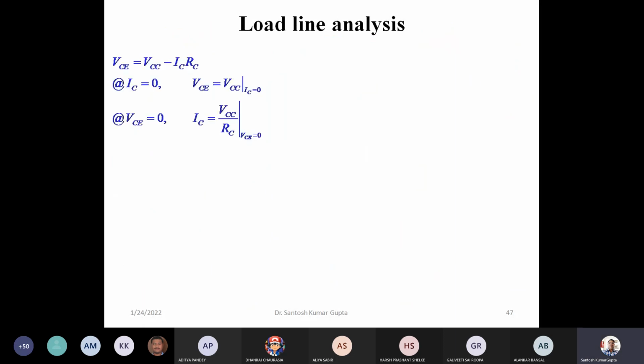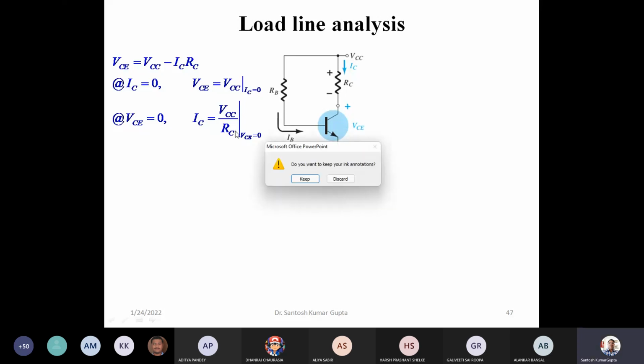So the very first thing we can do is use something called a load line. So load line we will discuss here first.